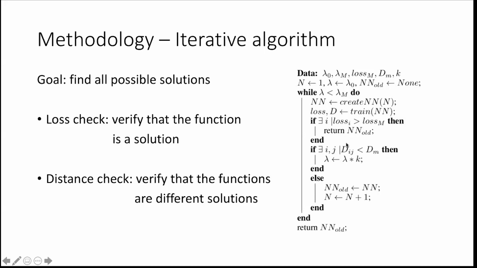So only if there are at least two of the functions that we are training that are not distant enough from each other. I see. Okay, thank you. Otherwise, I increase the number and I try to obtain 4, 5, and 6 solutions. So, is it clear? Yeah.